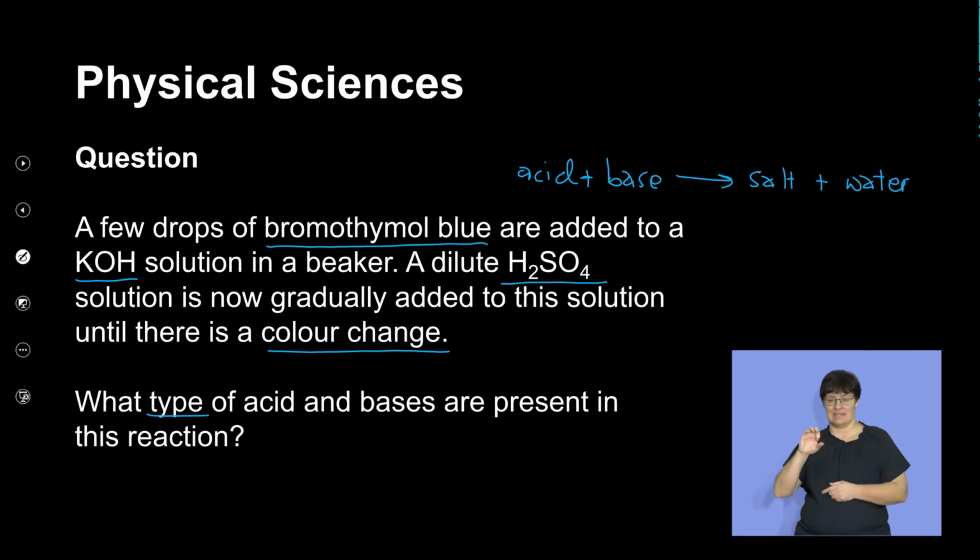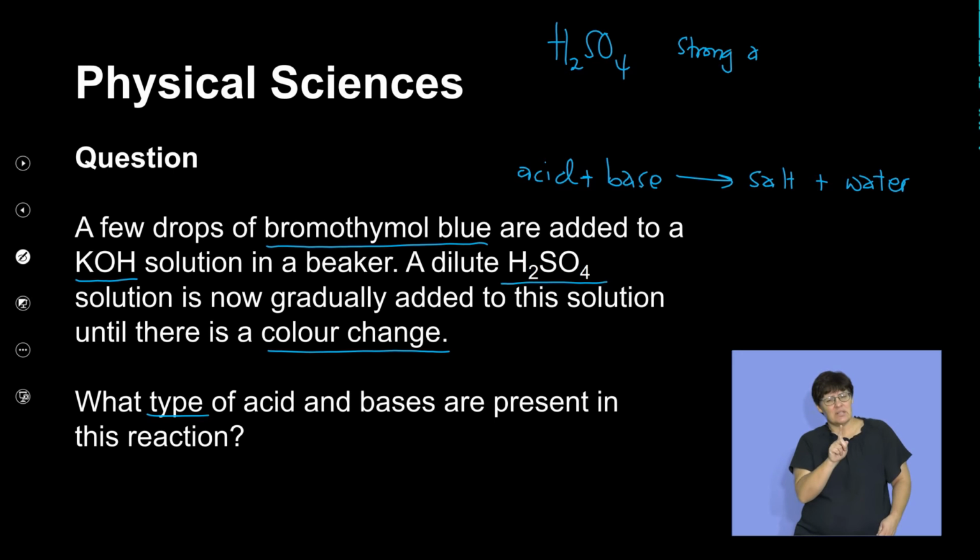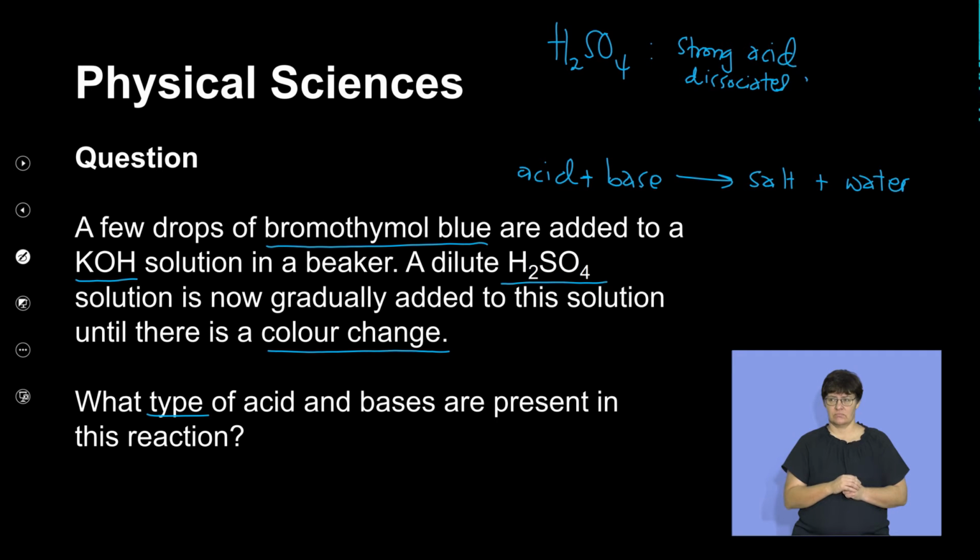Now, if you look at sulfuric acid as a solution, this is actually a strong acid. What determines the strength of an acid is that this acid dissociates completely. So in solution, sulfuric acid dissociates completely. So there's complete dissociation.